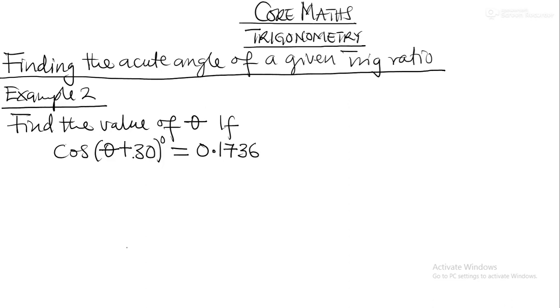The cos inverse of this ratio will be equal to theta plus 30. So theta plus 30 will be equal to cos inverse of 0.1736.